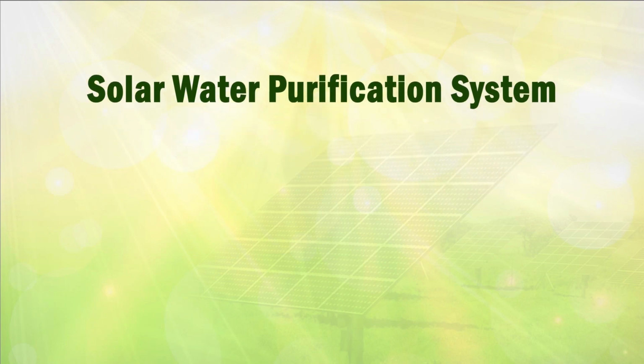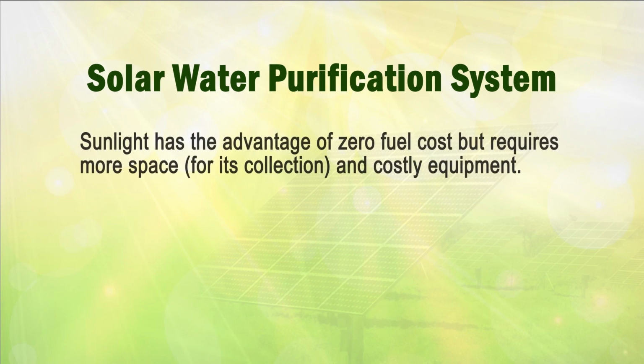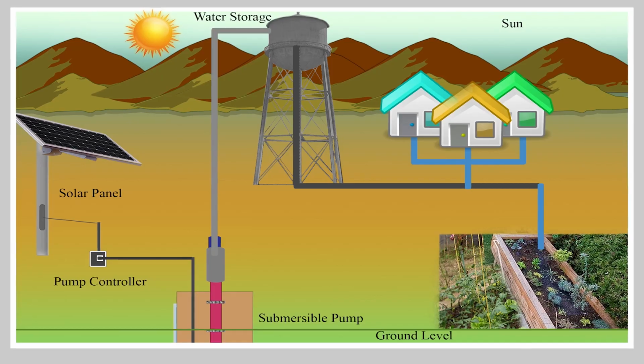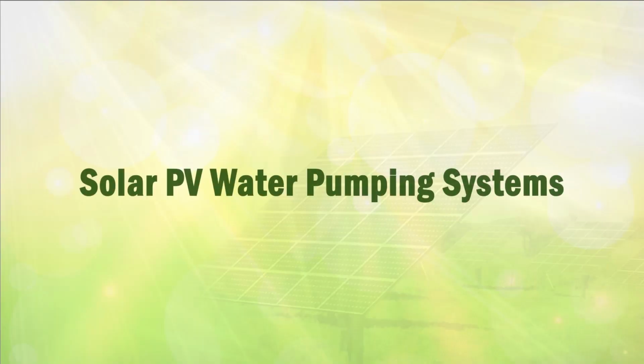India is a big country where still 60% of people live in rural areas where we do not have drinkable water. So solar water purification is a very promising area where you can design, develop, and use solar energy for water purification. One such important area is solar water pumping, because our farms, residences, and animal farms require plenty of water, and this we can provide through the help of solar water pumping.